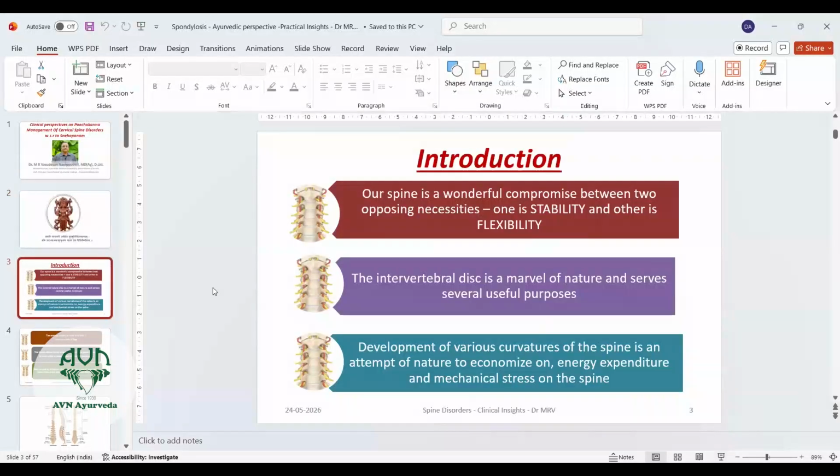Our spine is a wonderful combination of stability and flexibility, because we have to get good stability and at the same time keep the flexibility also. There are two major joints in our body. One is the shoulder joint, which has more flexibility and range of movement, but its stability is very poor.